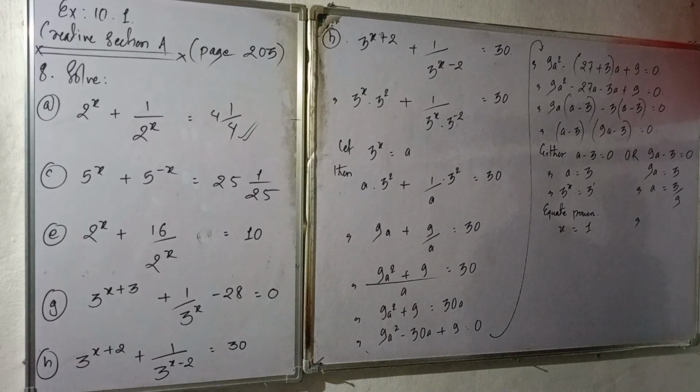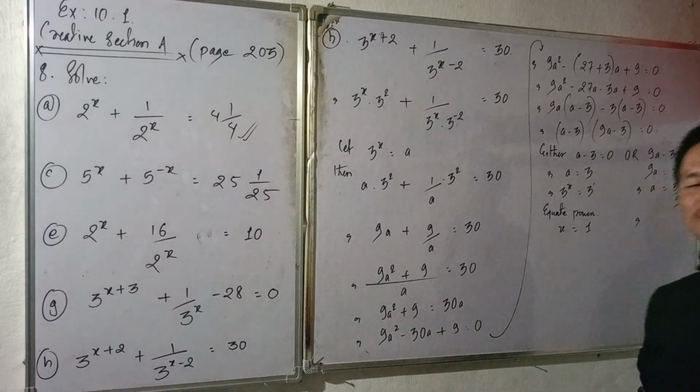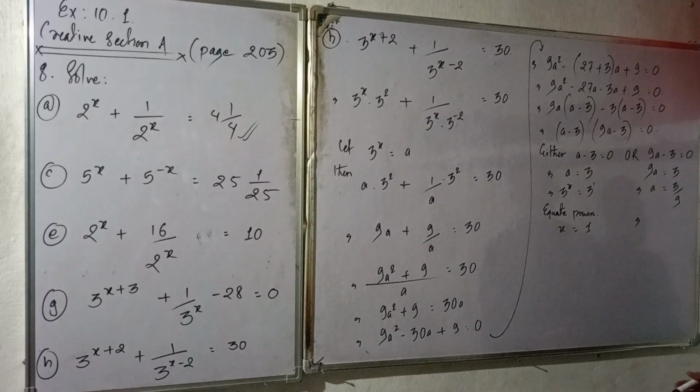After getting this, you could have taken 3 common here, but it will be the same, nothing to worry about. On further simplification, 3 times 3 is 9. Try to replace the original value of a by 3 power x.